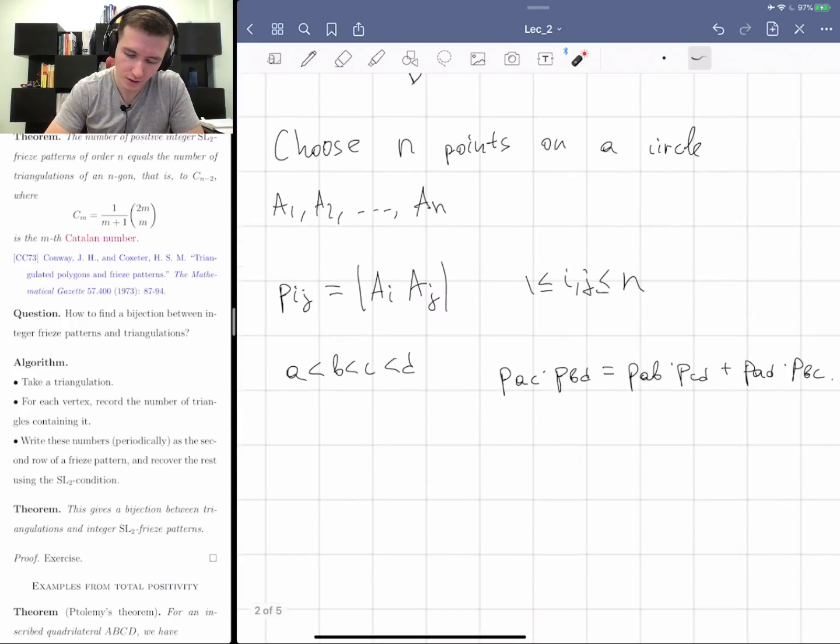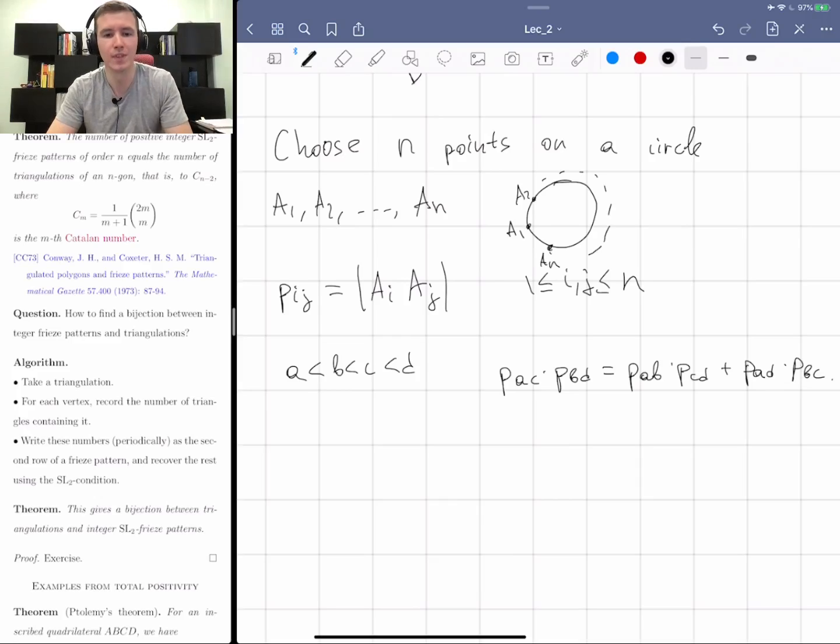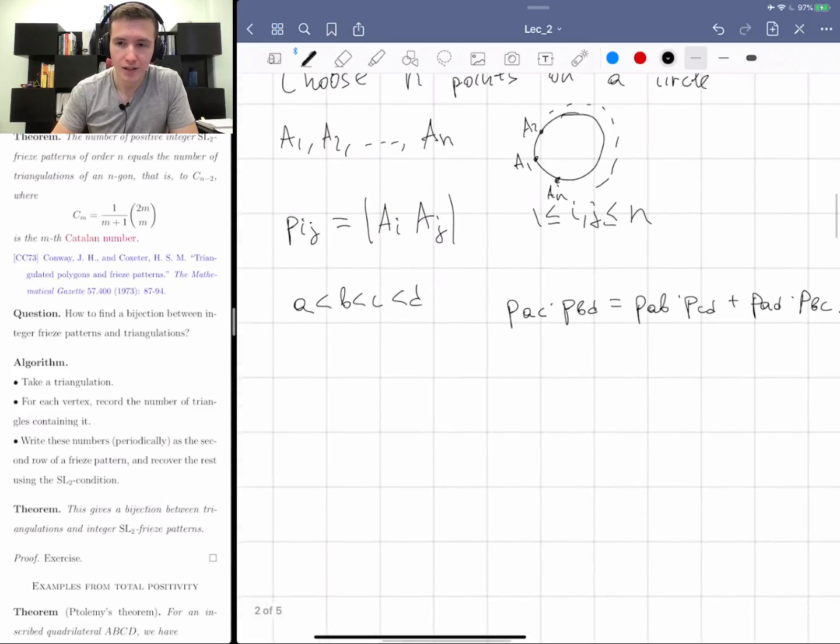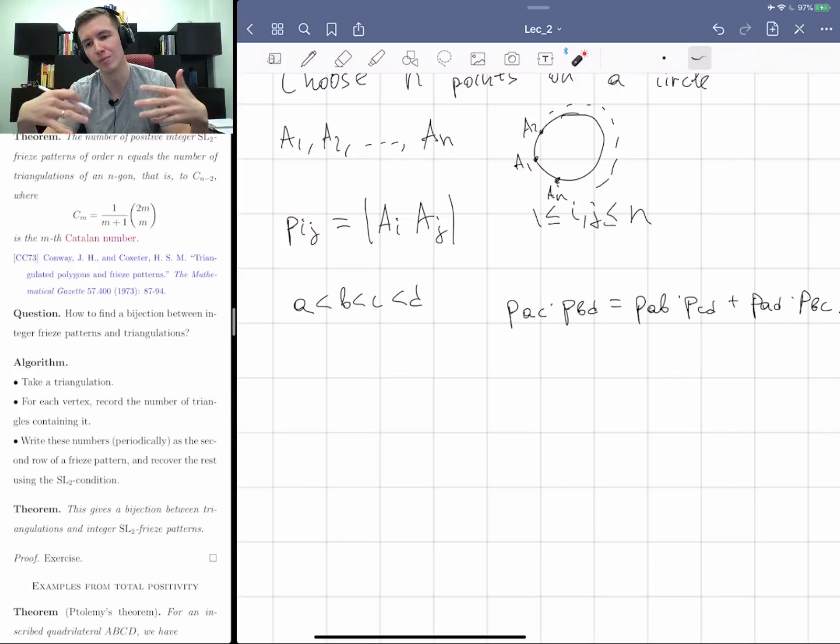How many of these do I have to choose? You're allowed to choose any diagonals you want, but the condition is that you should be able to compute the remaining diagonals uniquely.